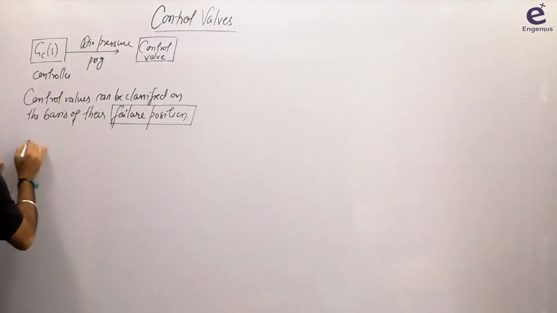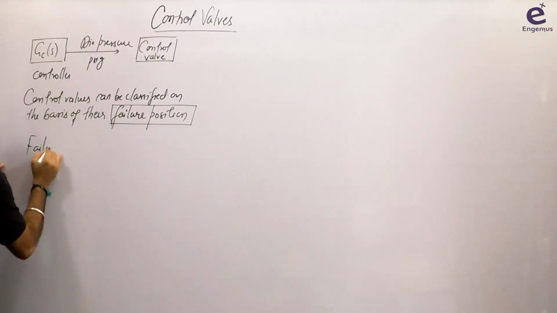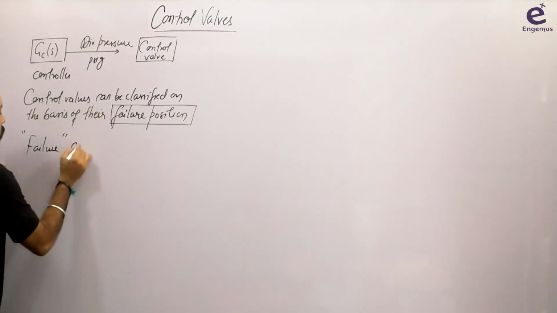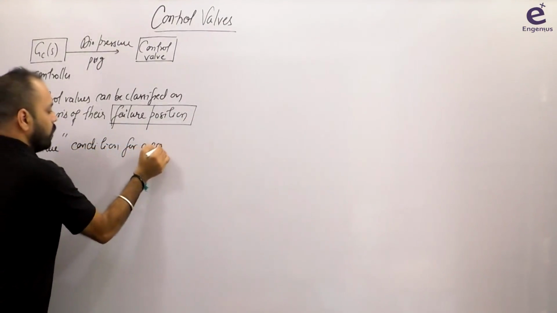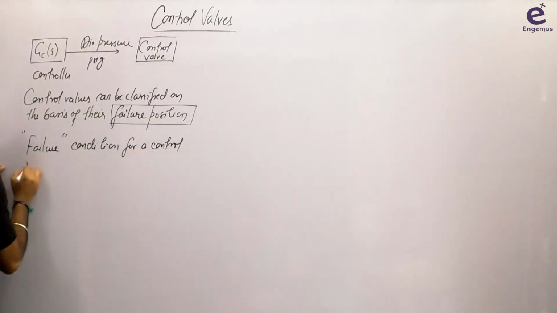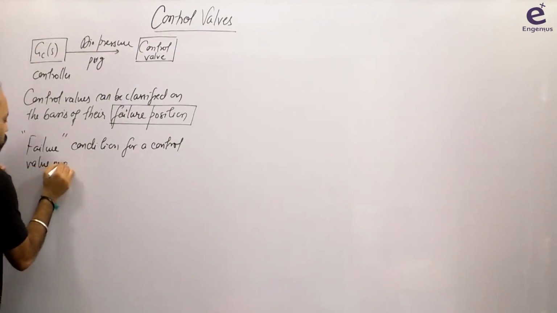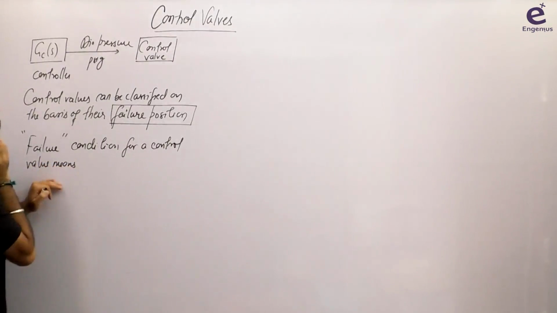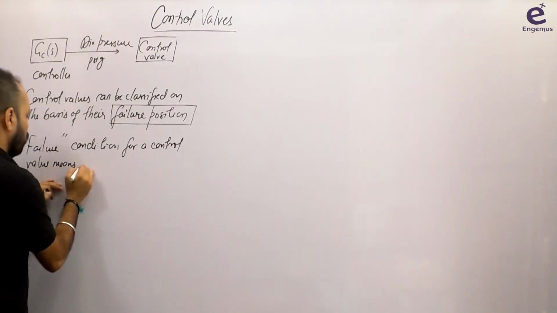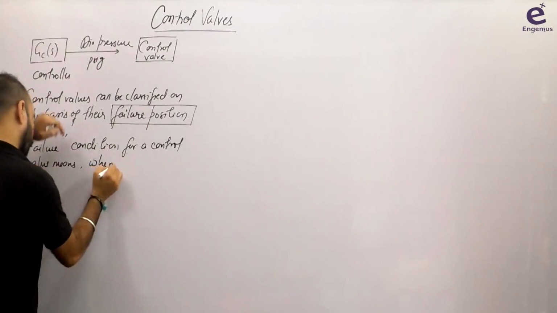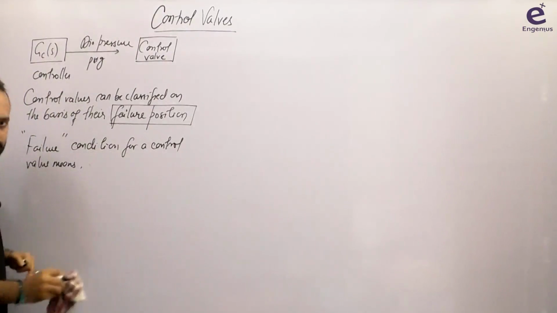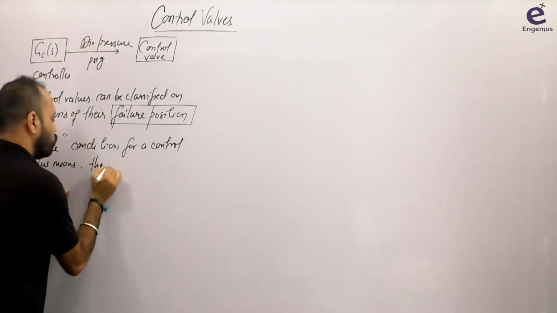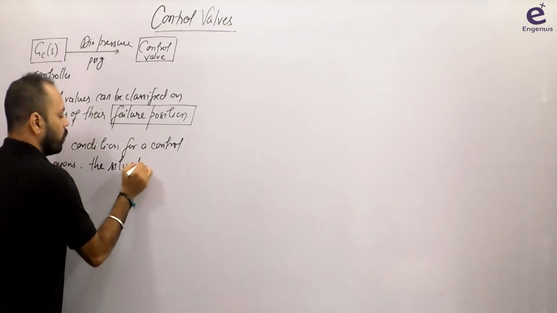Write down: fail position or failure condition for a control valve means the situation when the supply from the controller is cut.